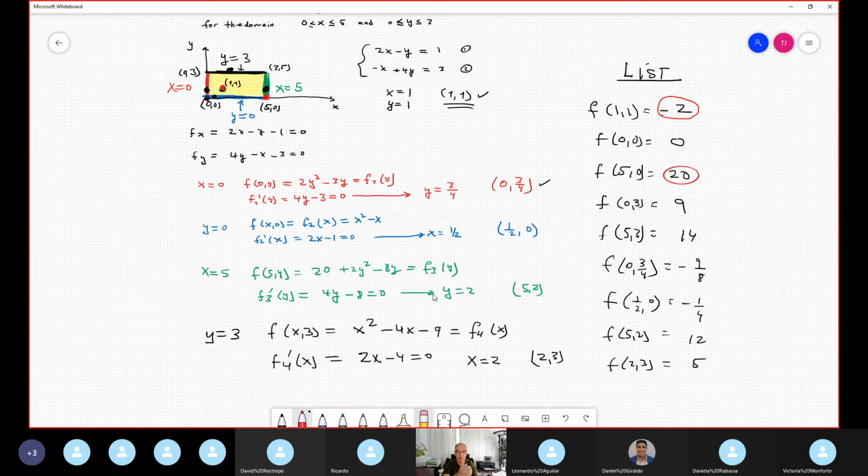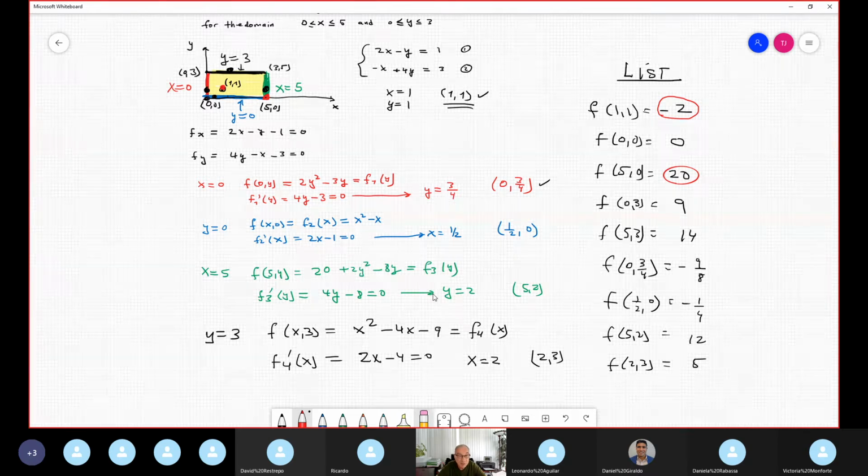Okay. This is very similar to Cal 1. Number one, you investigate inside the region. We have a local maximum or local minimum or not. I determined yes, and in this case it was a minimum. And you need to compare the value of this minimum or maximum.